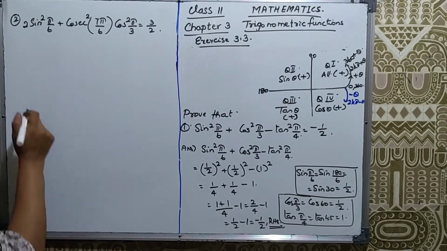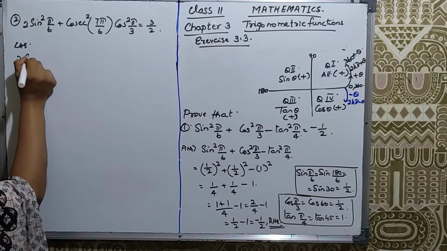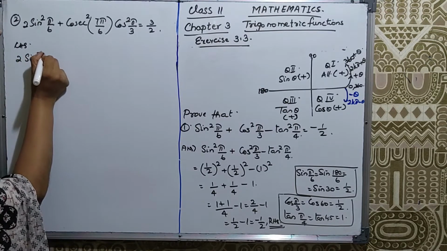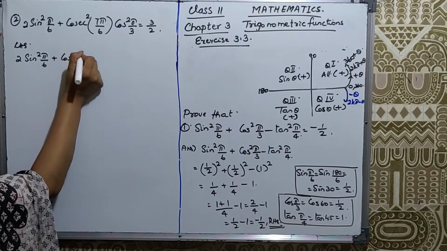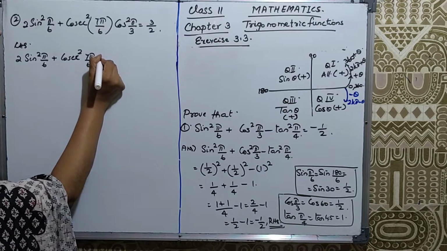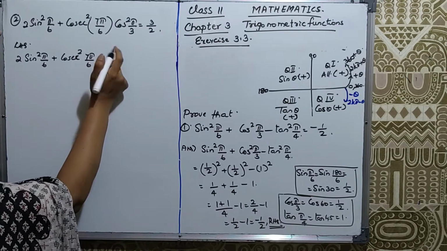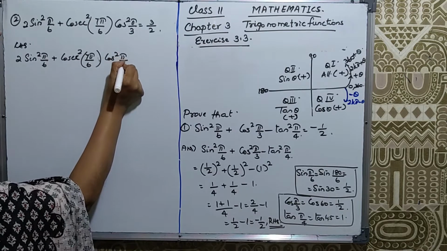For that one we'll take again the LHS part of the question. LHS part of the question is 2 sin squared pi by 6 plus cosec squared 7 pi by 6 into cos squared pi by 3.